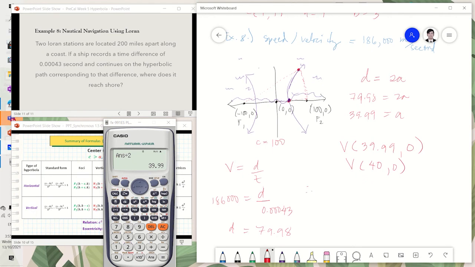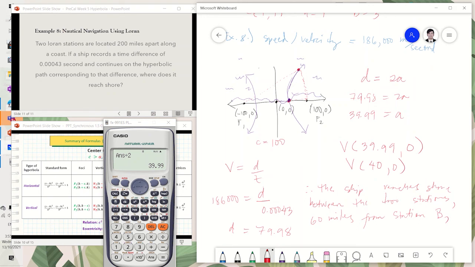So our conclusion here: the ship reaches shore between the two stations. One is 60 miles from station B. Why is it 60 miles?